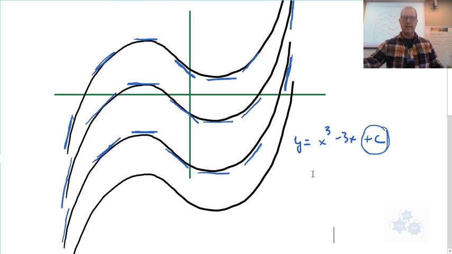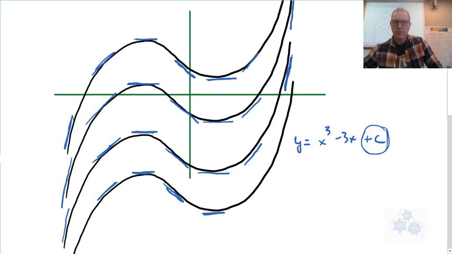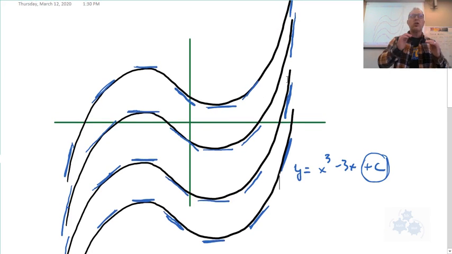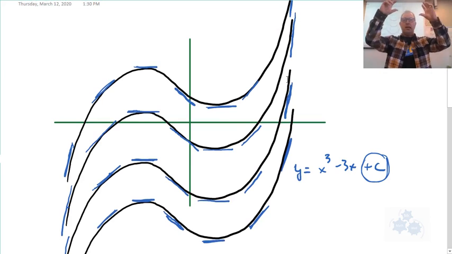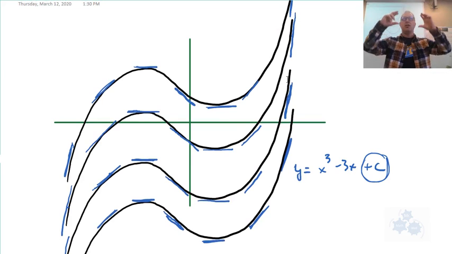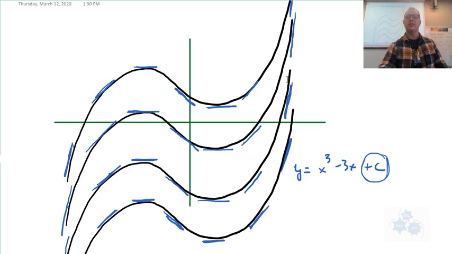And so once again, I'm going to draw some slopes of tangent lines. I hope you're seeing what I'm seeing here. Are you seeing something? Recognizing anything? Well, really, the slopes could look like that at any point in the graph, because the c is unknown, it could be at any one of an infinite number of graphs.